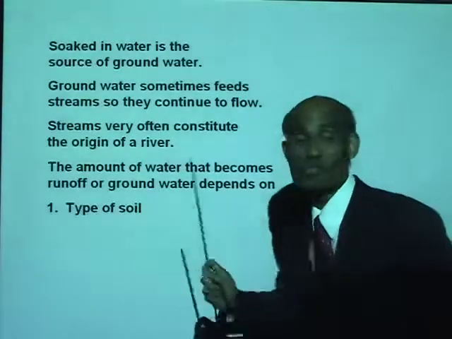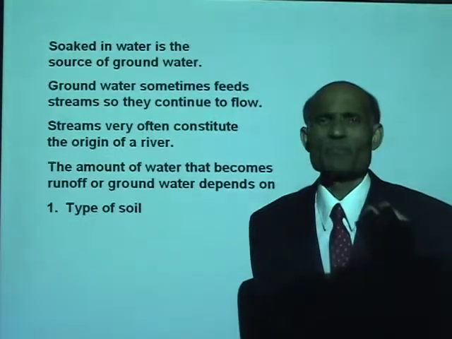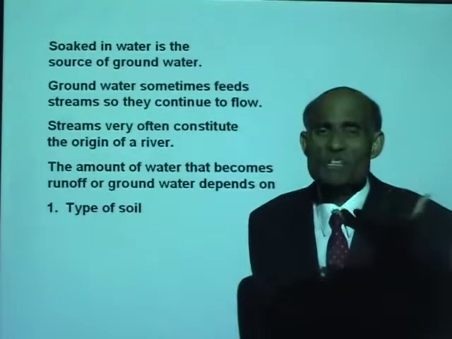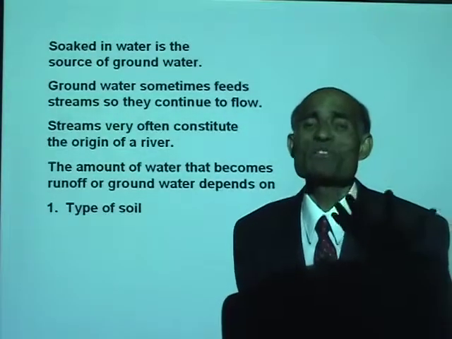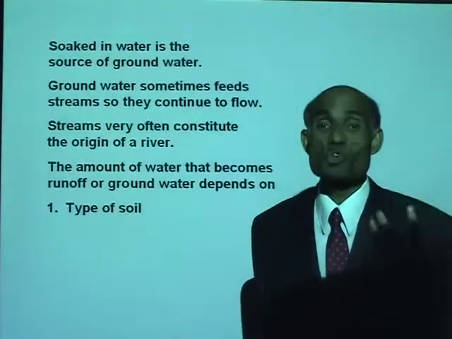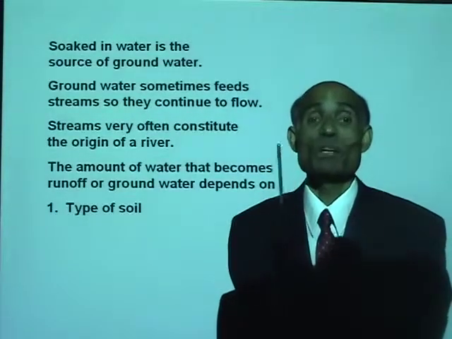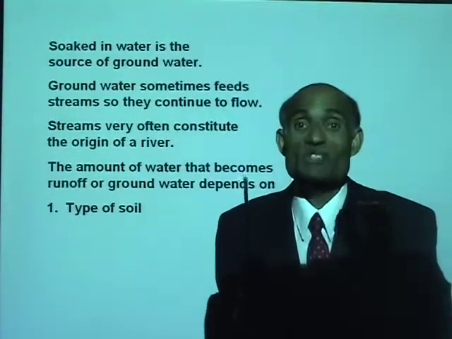The type of soil. Now, if the soil is clay, it gets caked in very fast. That means there will not be a lot of water absorbed. What type of soil will absorb and soak in water? Well, grainy soil that contains a lot of sand.